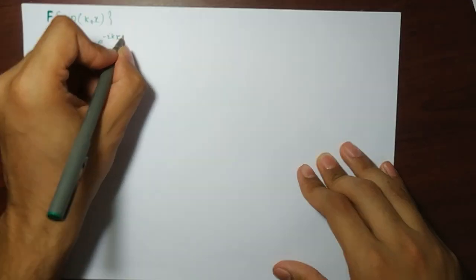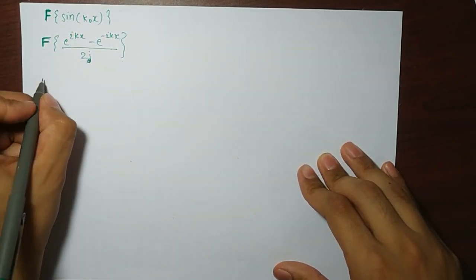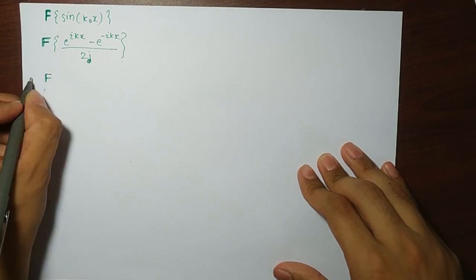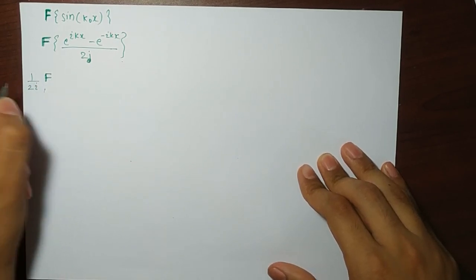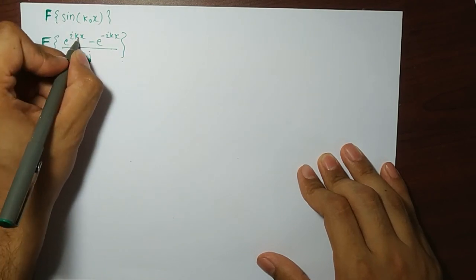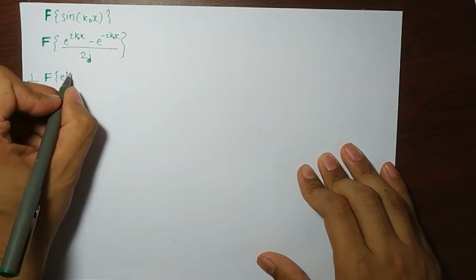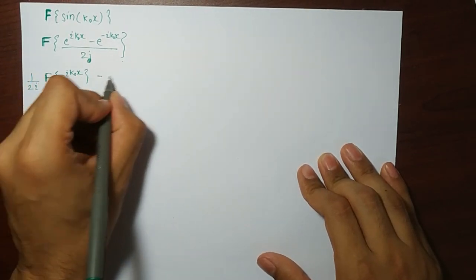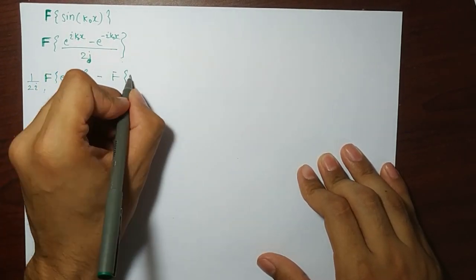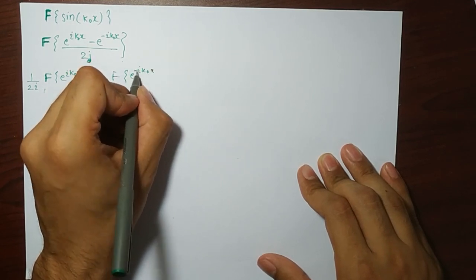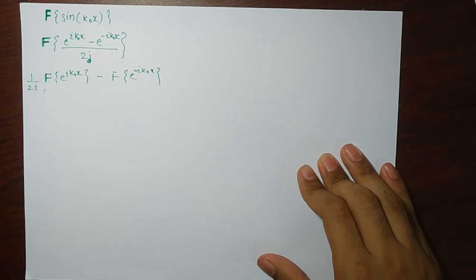Since the Fourier transform is linear in nature, you need to find the F of e to the power i k naught x minus F of e to the power minus i k naught x.